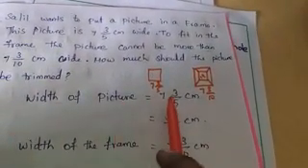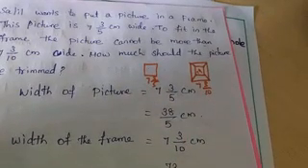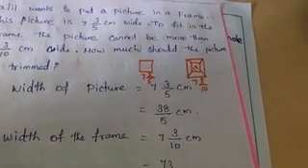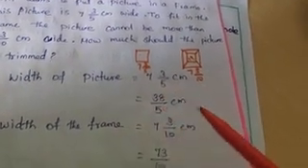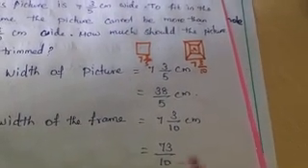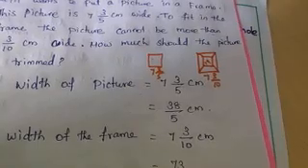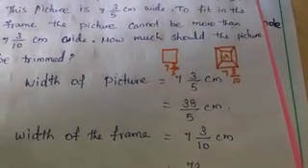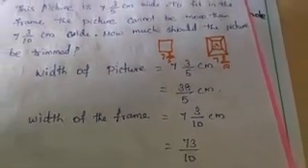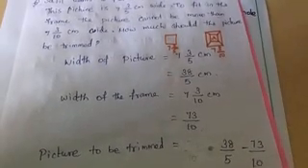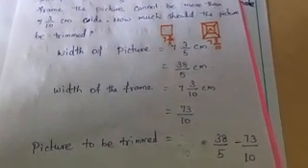The width of the picture is 7 3 by 5 and the width of the frame is 7 3 by 10. If converted, it is 38 by 5 and this is 73 by 10. We want to trim the picture, so from the picture size you have to subtract the frame size, and we will get how much the picture should be trimmed. The remaining part we will get.